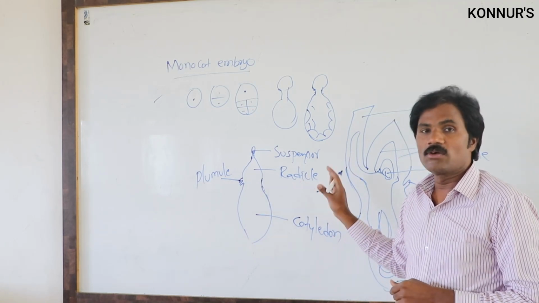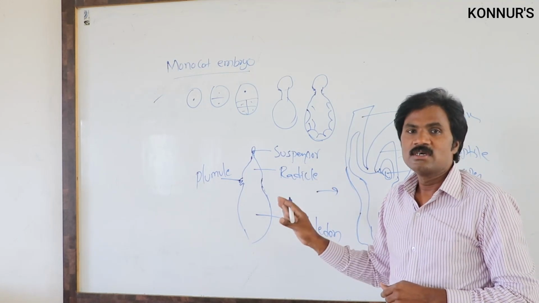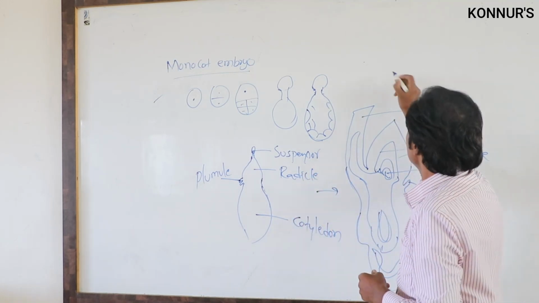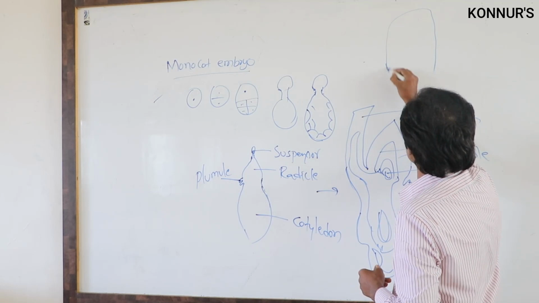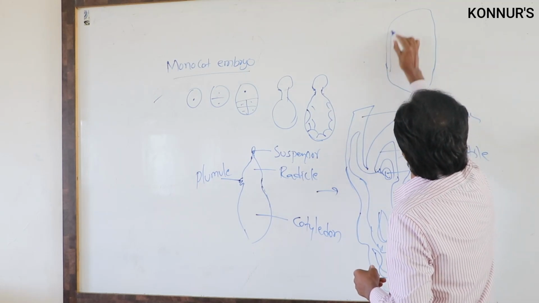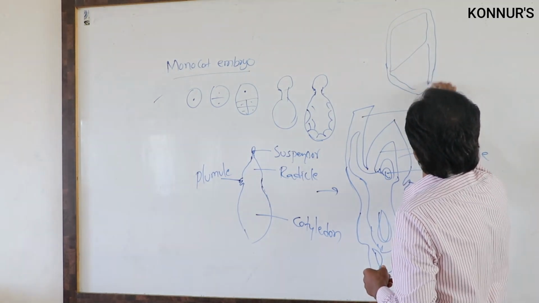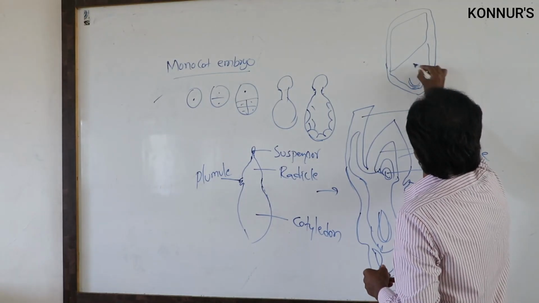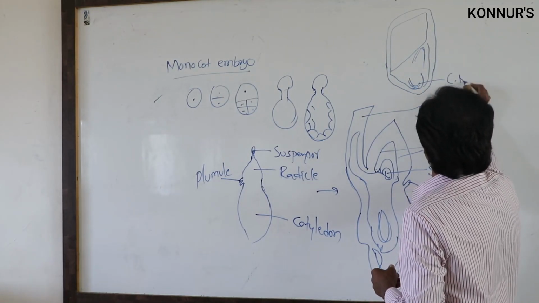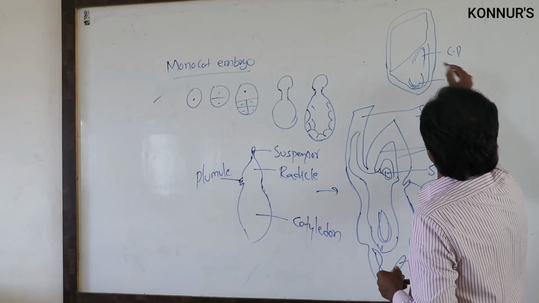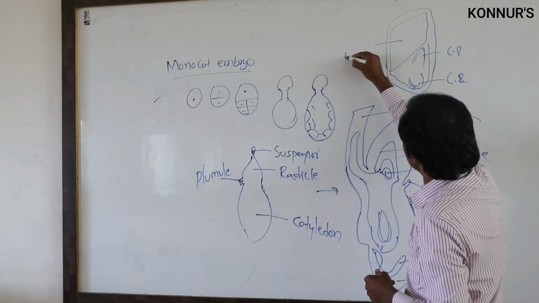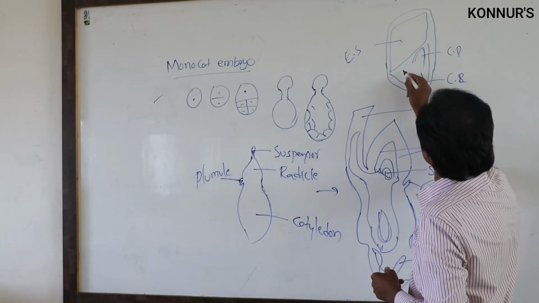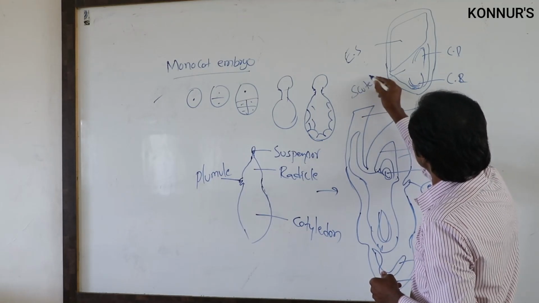In our textbook they have given the LS of maize. There the scutellum is observable. This is the coleorhiza, coleoptile. This is the endosperm. This is the scutellum.